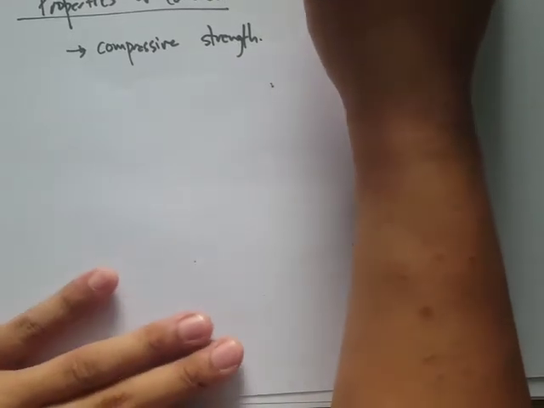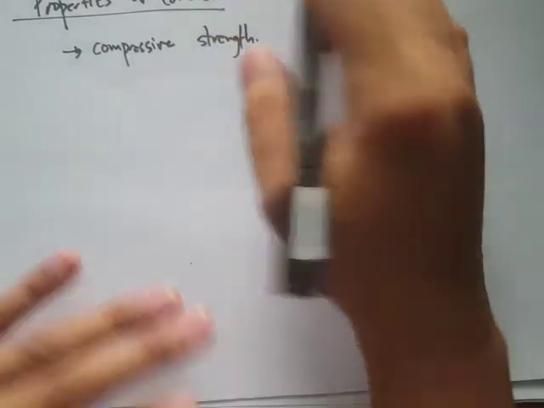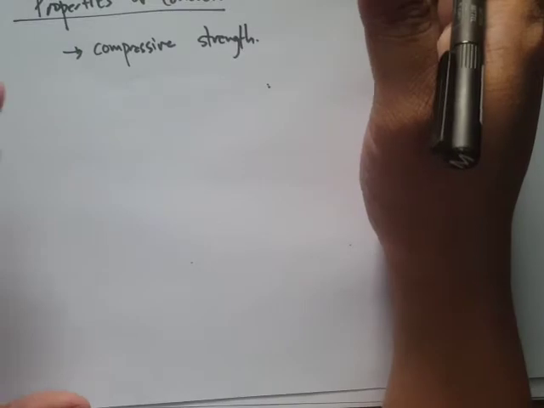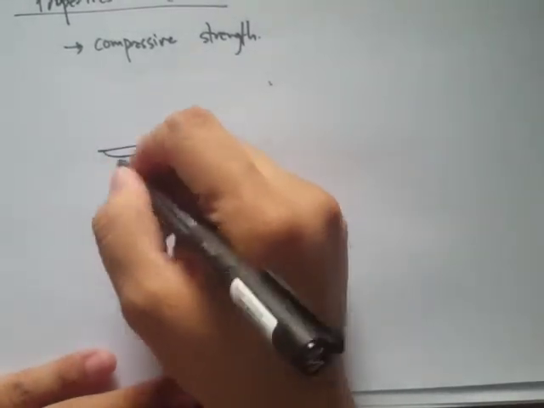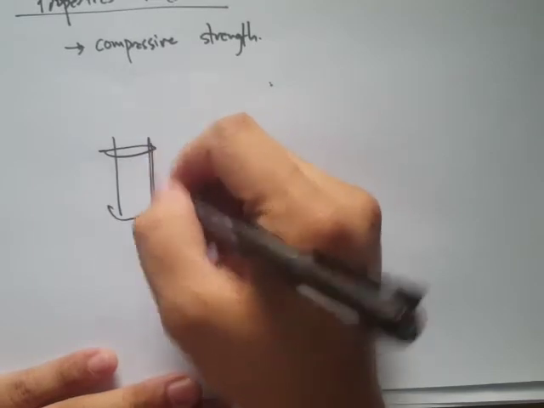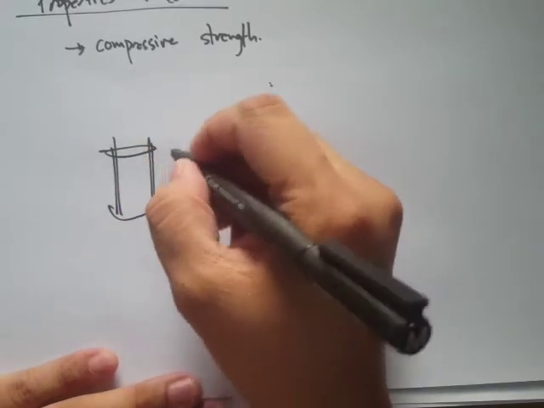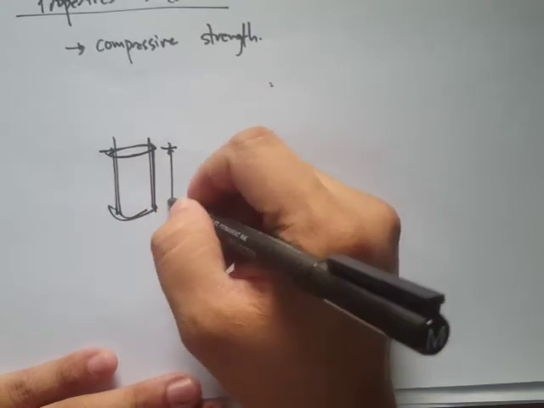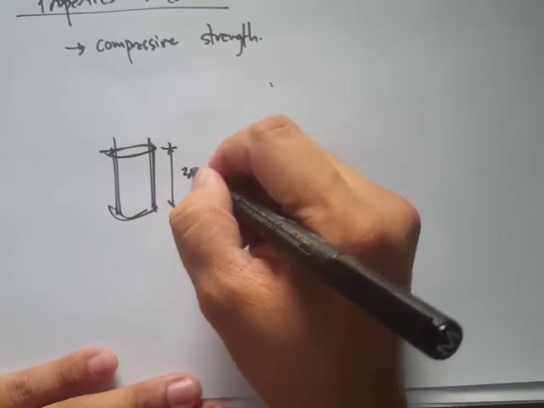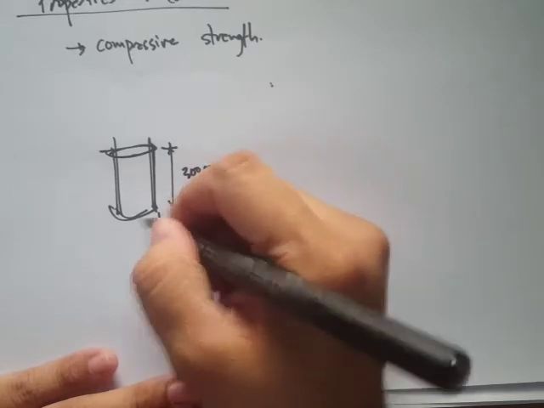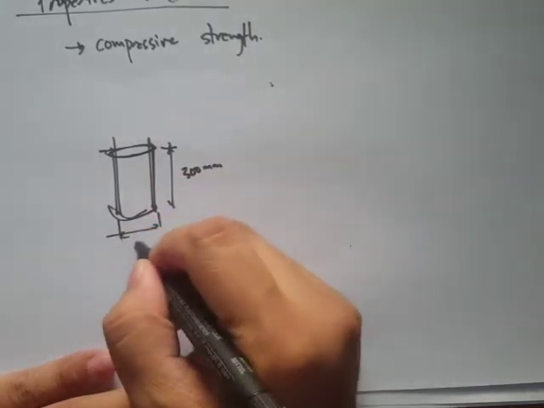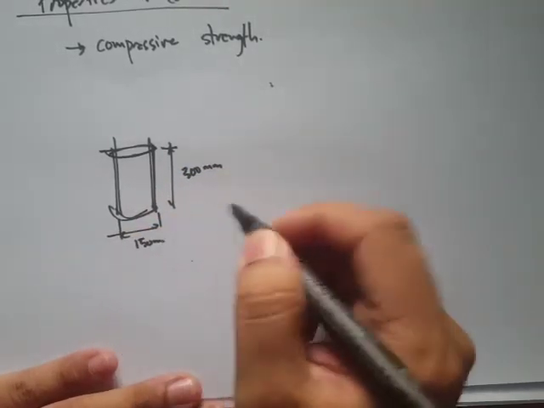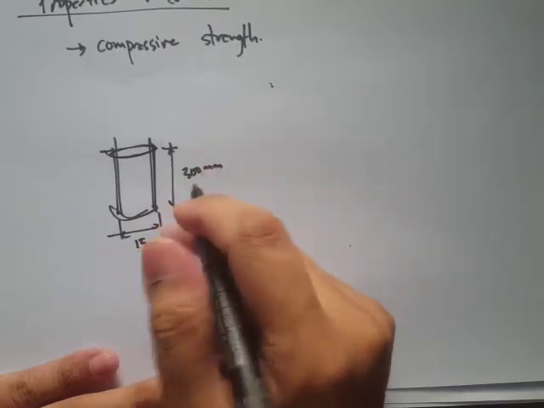So how is the compressive strength of concrete determined? There is a sample, a concrete specimen of cylindrical shape, with a height of 300 mm, which you can convert to English units, and a diameter of 150 mm, so this is 6 inches by 12.